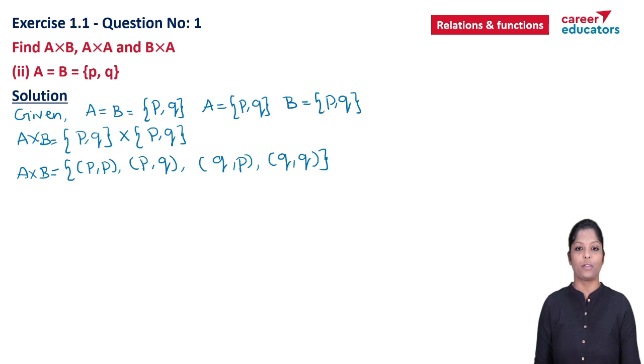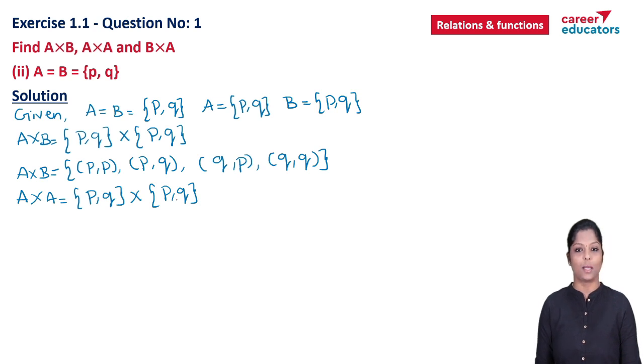Next, we are going to find A cross A. To find A cross A, we have to pair each element of A with each element of A. A cross A equal to, write all the elements of A cross, write all the elements of A again.